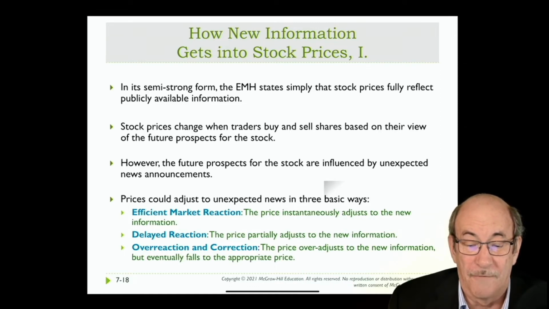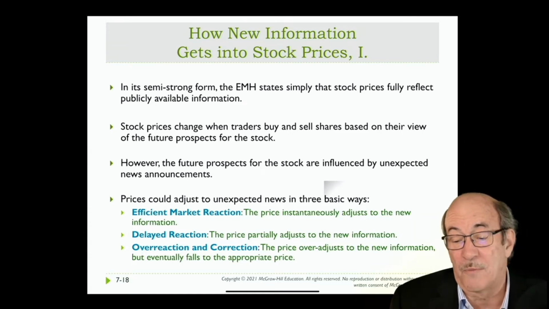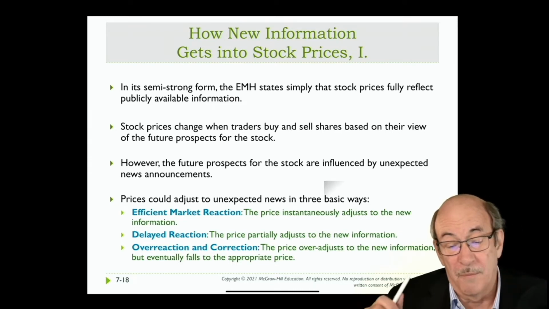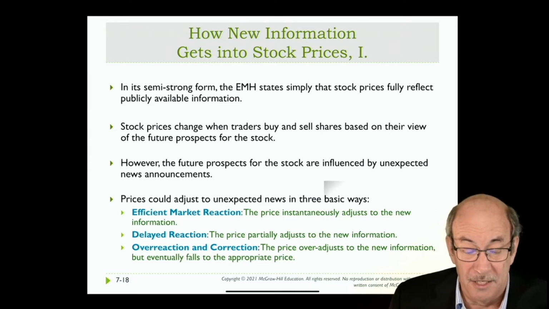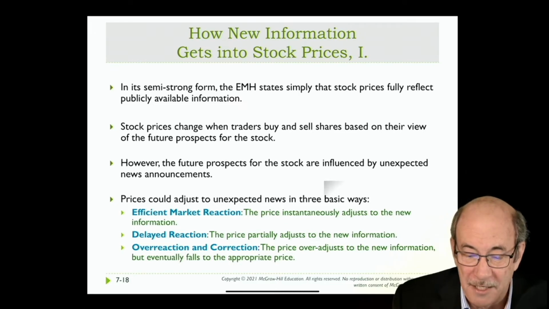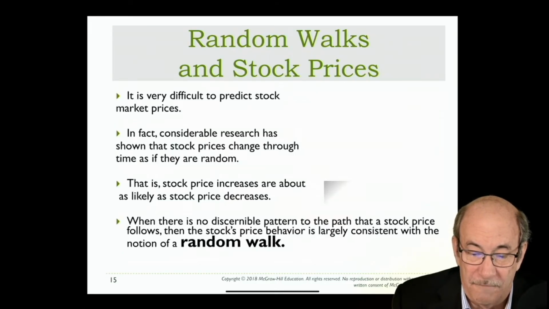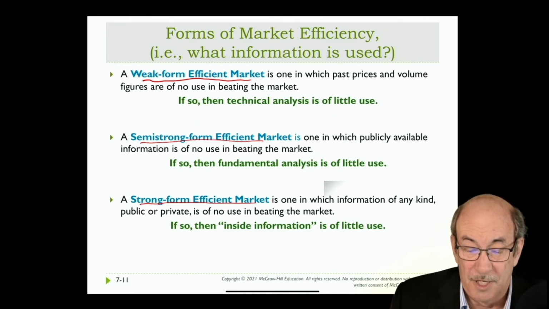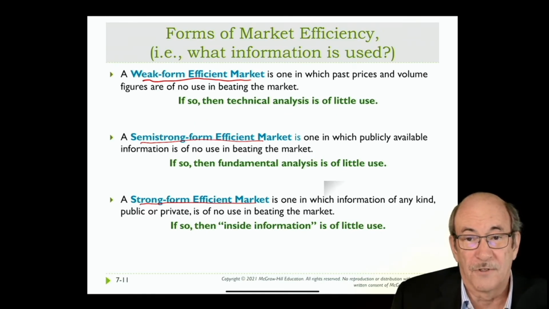All right. So how new information gets into stocks. In semi-strong, the efficient markets hypothesis states that stock prices fully reflect all publicly available information. So let's go back. I didn't actually give you the full criteria on these various conditions and didn't talk about it enough. So let me go back to this slide.